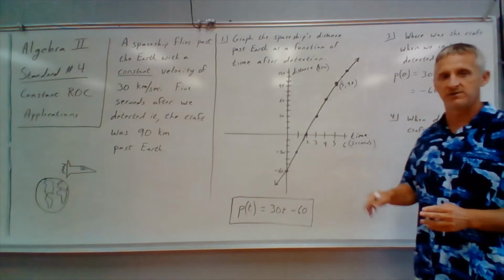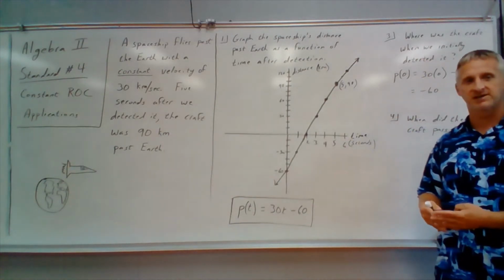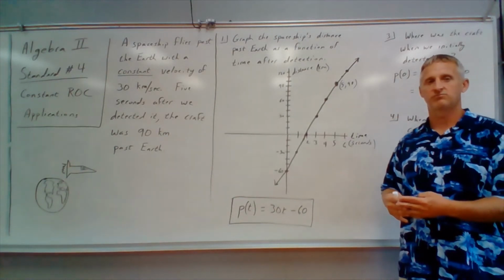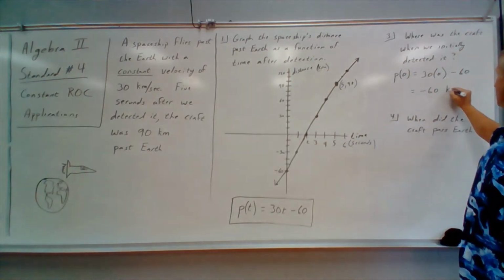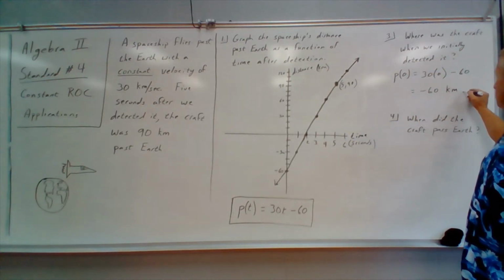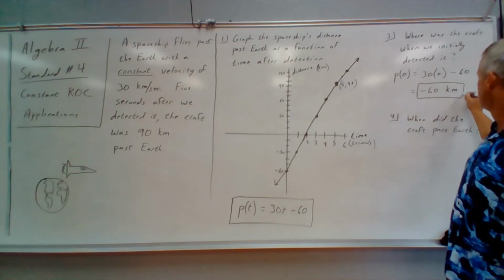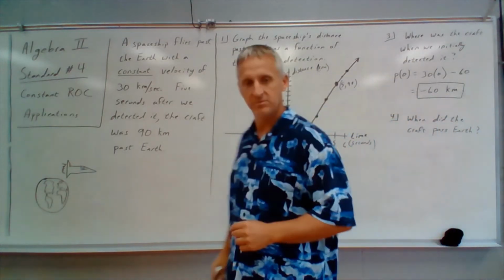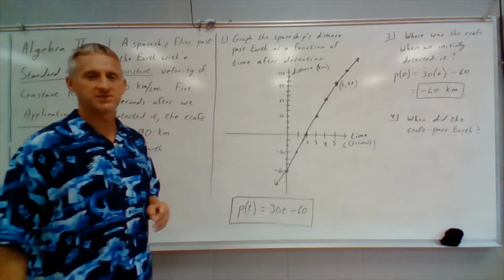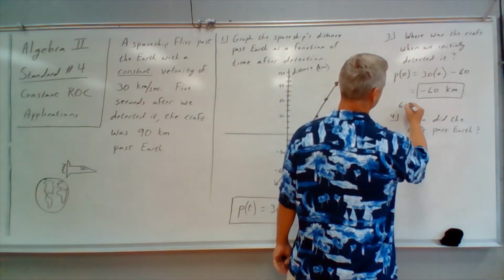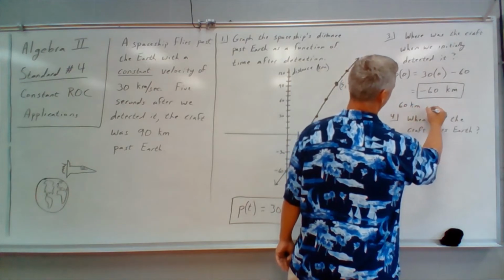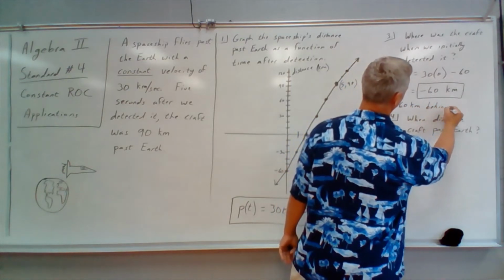Is that negative 60 seconds, or is that kilometers? It's kilometers. So always, when answering a word problem question, keep your units in the problem. So negative 60 kilometers. And what that means is 60 kilometers behind Earth.